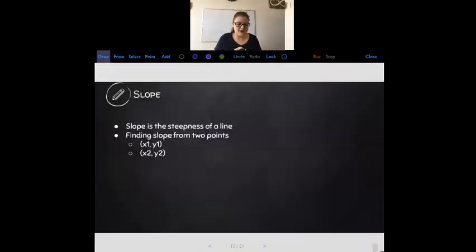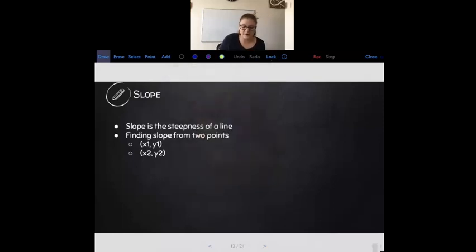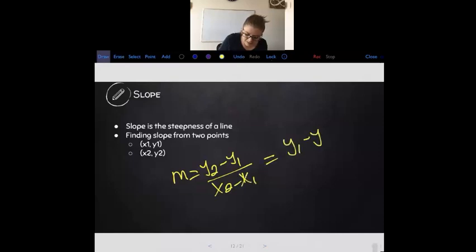Okay, next, so we're going to continue on with talking about slope, but now we're going to be able to calculate slope from 2 points by hand. And so the formula for slope, given 2 ordered pairs, x1, y1, and x2, y2, those are just placeholders to mean 2 ordered pairs, we can calculate slope by doing the change in y, so y2 minus y1 over x2 minus x1, or you may have learned this as y1 minus y2 over x1 minus x2.